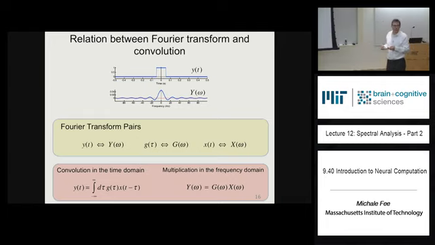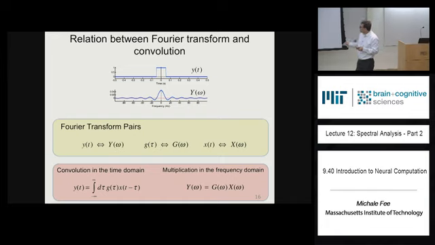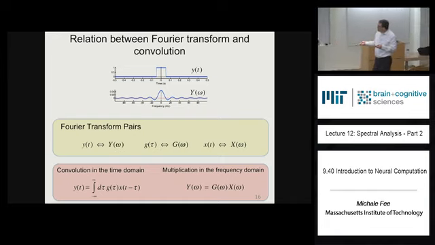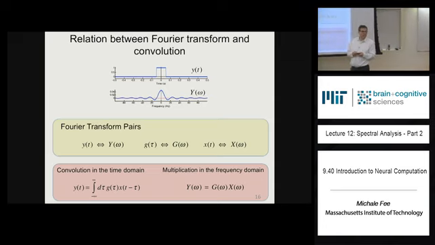Okay, so that's a convolution. The convolution theorem tells us that the Fourier transform of y is just the product of the Fourier transform of G and the Fourier transform of x. Okay? So that you should remember.